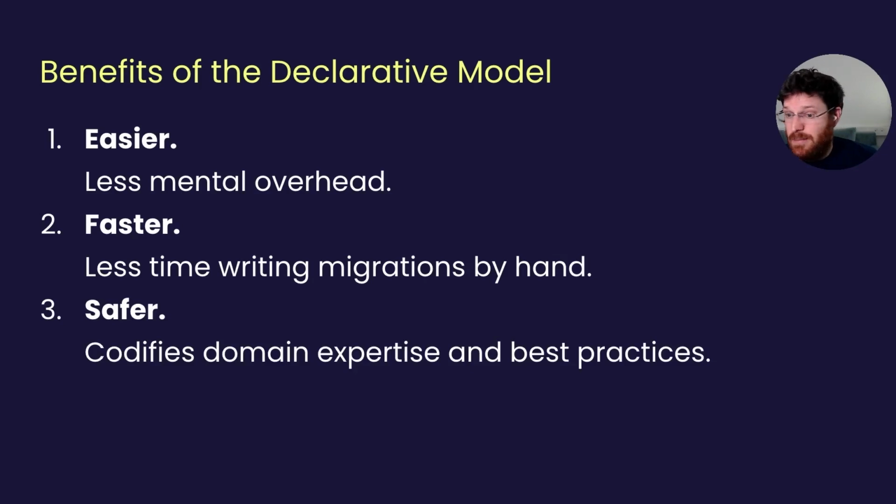And the next point really depends, but assuming that the automated tool was written by domain experts, their domain expertise can be codified and turned into software so that everybody can enjoy their knowledge and industry best practices.